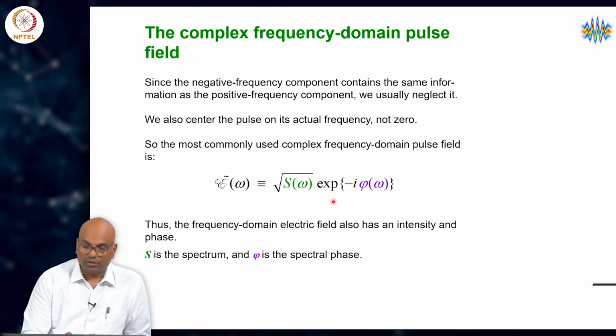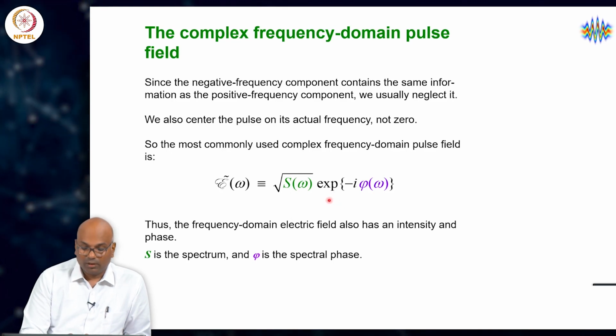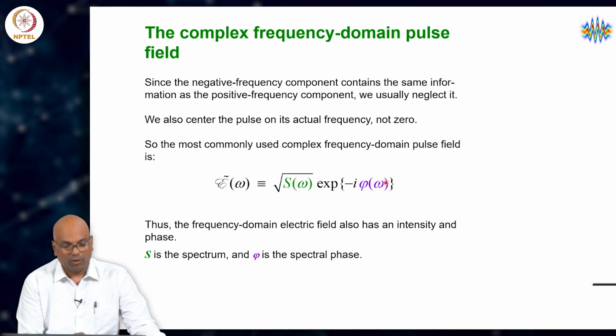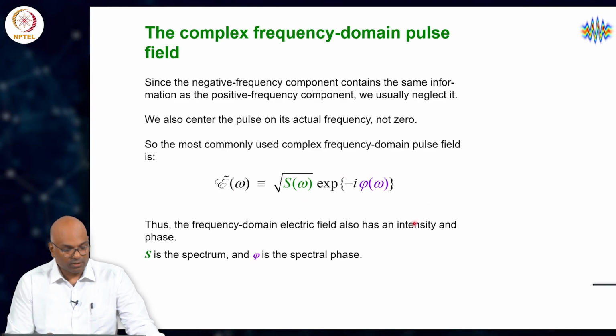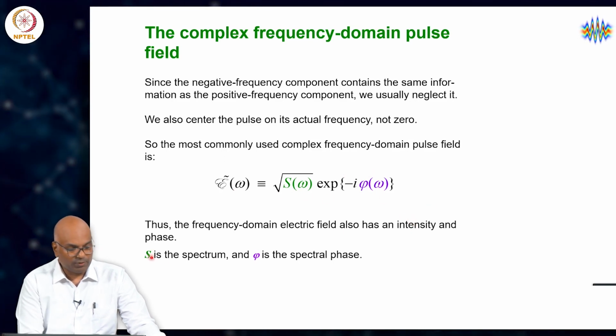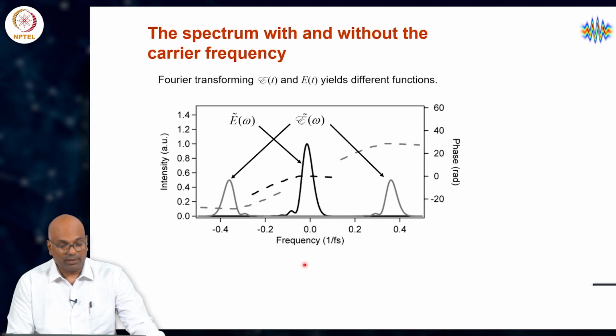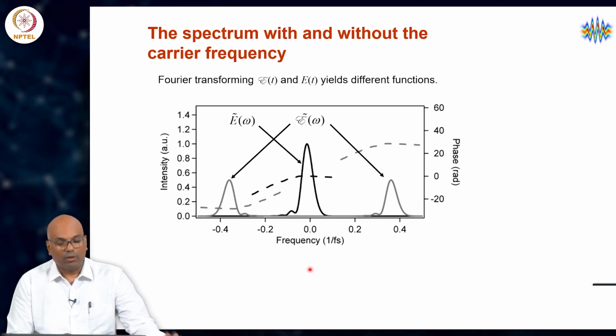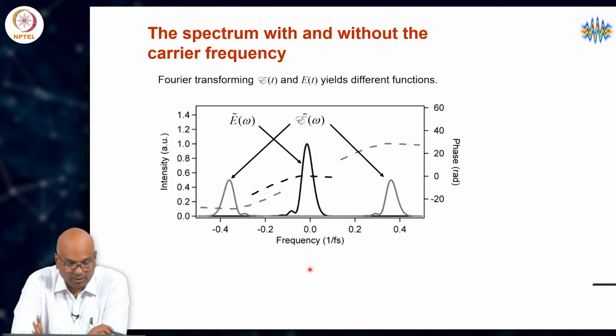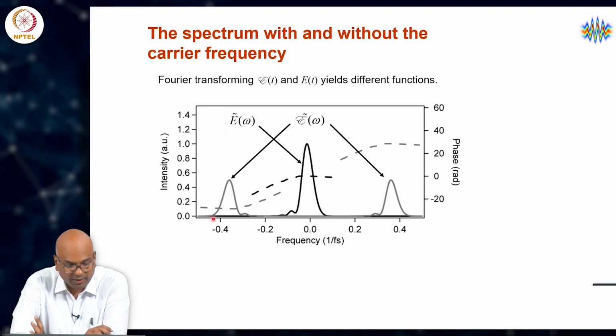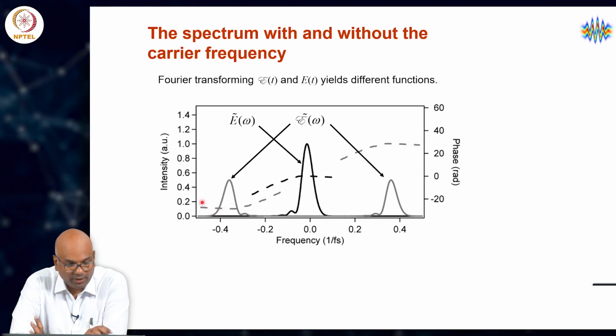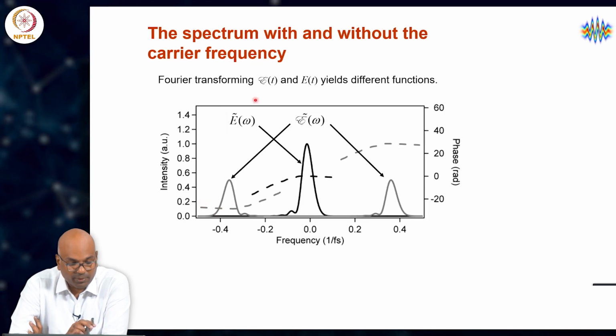It is, say, for conceptual development and mathematical convenience, we can work it out using this relatively more compact expression, where S is the spectrum and phi is the spectral phase. And essentially now, to emphasize the fact that we have alternate ways in which to represent the pulse.